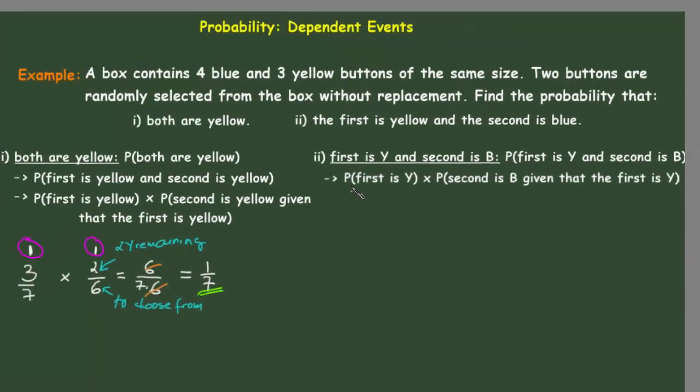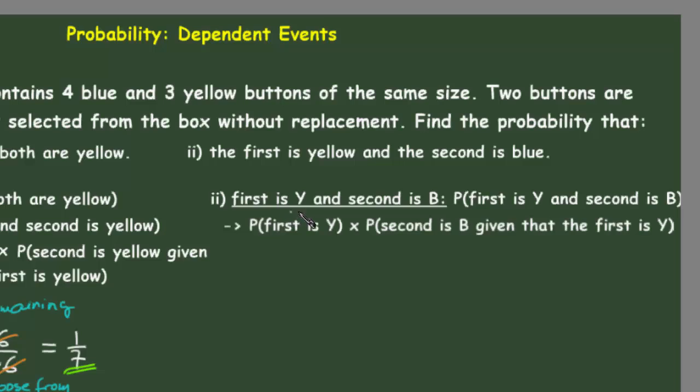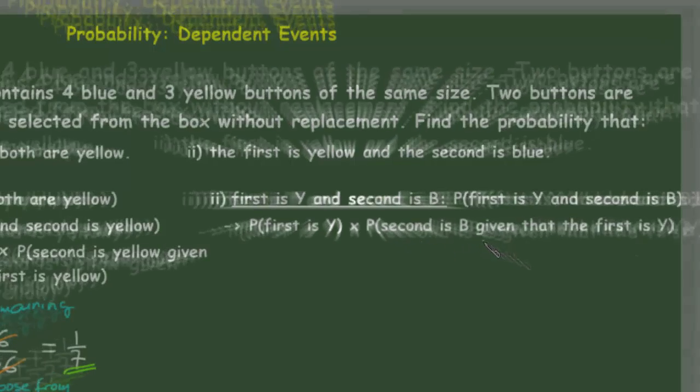Now we want to have the first button yellow, Y stands for yellow, and the second blue, B. This probability means that we will have the first button yellow, and given that the first button is yellow, we want to have the second button blue.